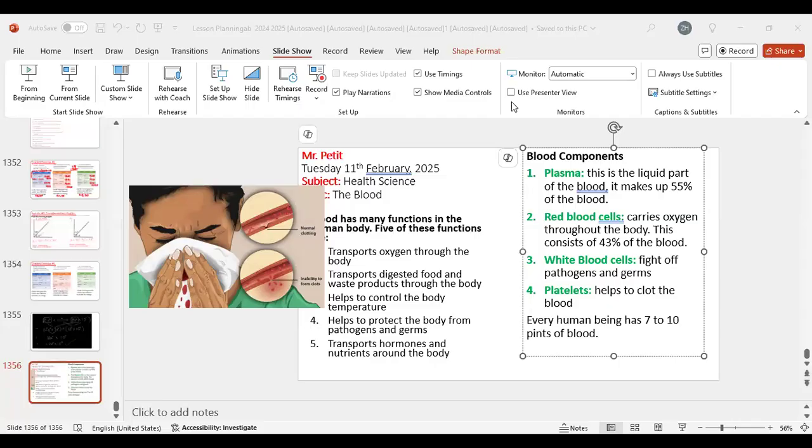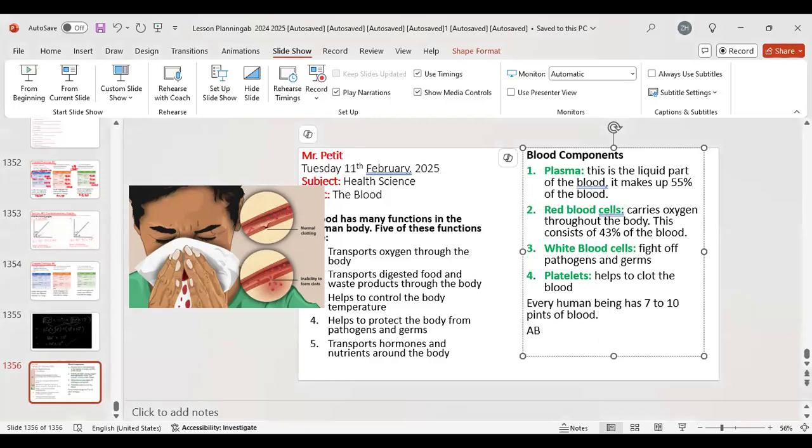What's the name of the blood group that can take blood from all other groups? Blood type AB. AB positive, very good. AB positive is the blood type that can receive blood from all other groups.